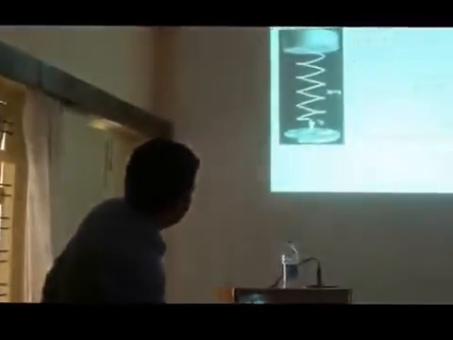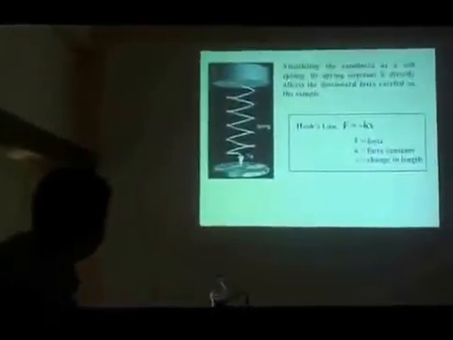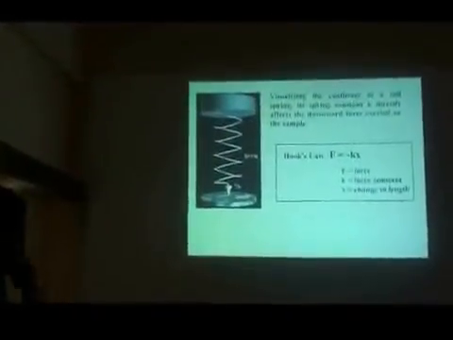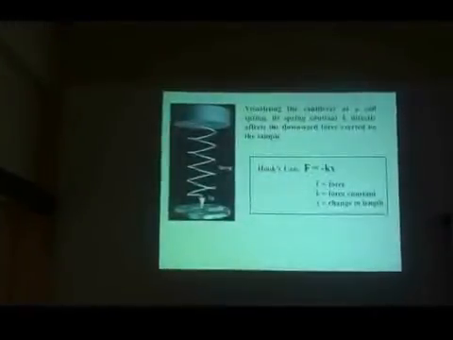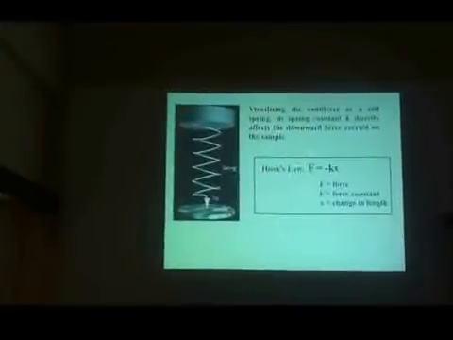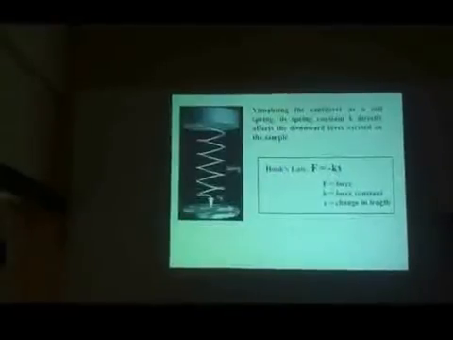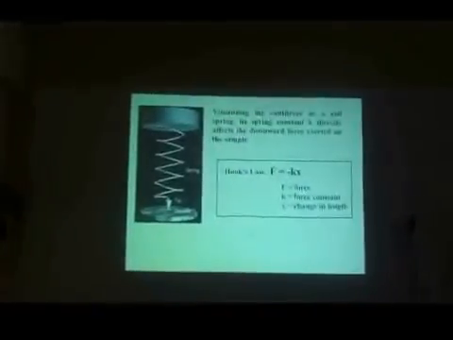Usually the kinetic motion of the cantilever you can approximate like a spring, and you can apply Hooke's law, that is the force exerted on the tip will be proportional to minus k times the change in length, where k is the spring constant.